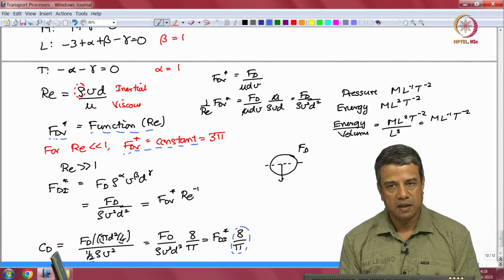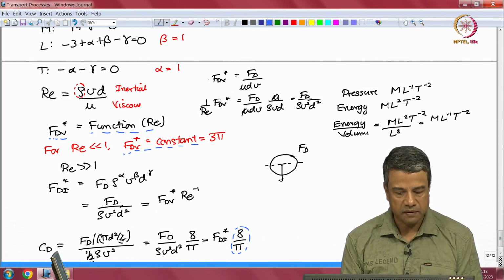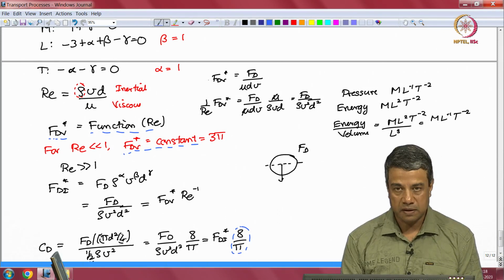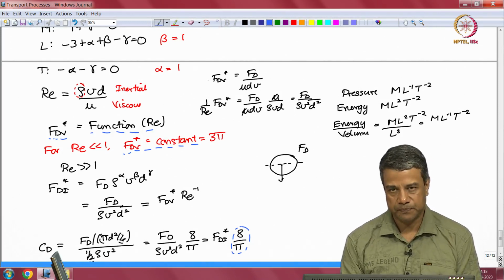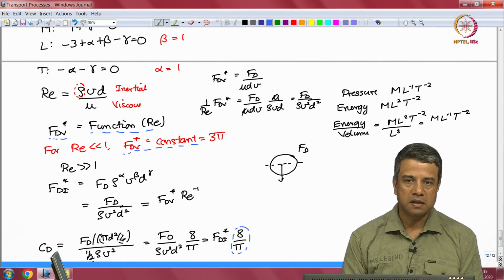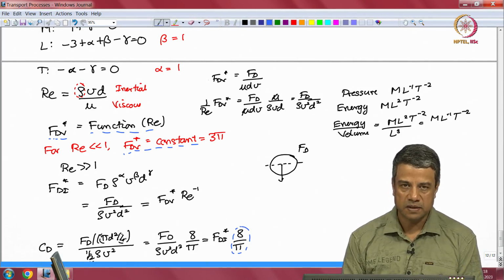That is, the drag force divided by mu d v is a constant. We cannot determine the constant from dimensional analysis, but more detailed calculations will show that this constant is equal to 3 times pi. So, just on dimensional analysis, we managed to get the drag force to within a proportionality constant in the limit of low Reynolds number.